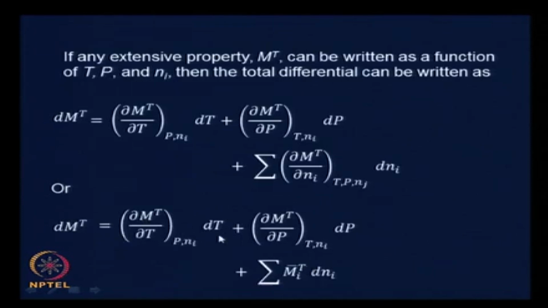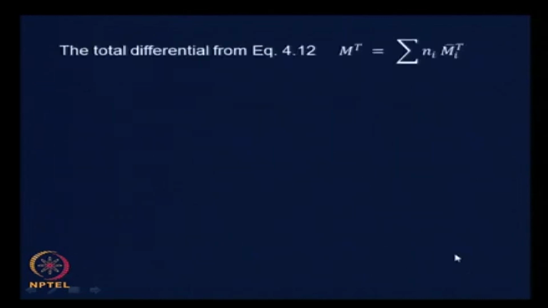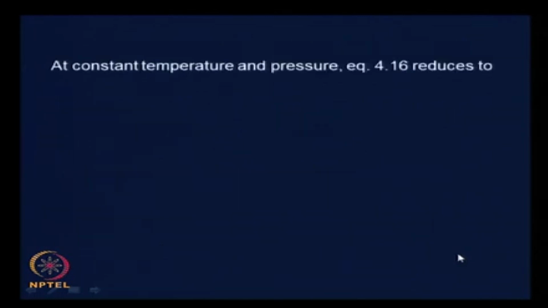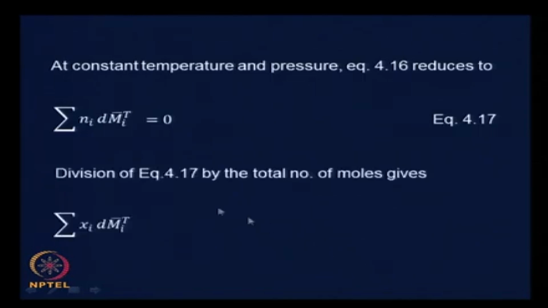Therefore, you get this in terms of temperature, pressure and the number of moles variation. And we got this particular expression, which is a useful expression to have, sum over n_i dM_i hash equals 0. And if you divide this expression, equation 4.17, by the total number of moles, we got sum over x_i dM_i hash equals 0. This is a very useful expression to have. This is equation 4.18.